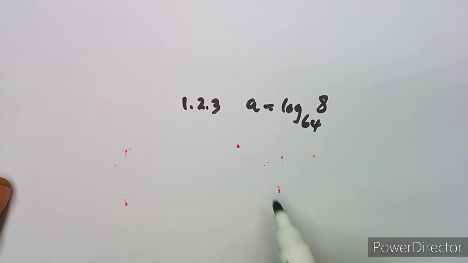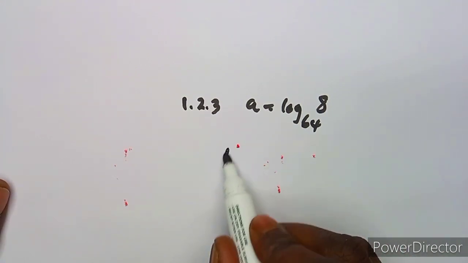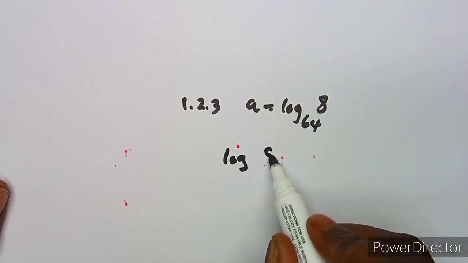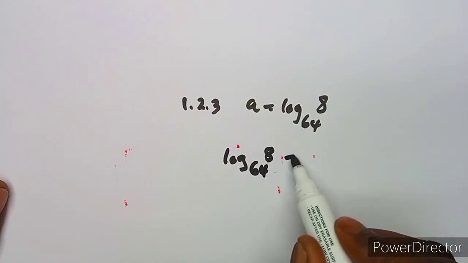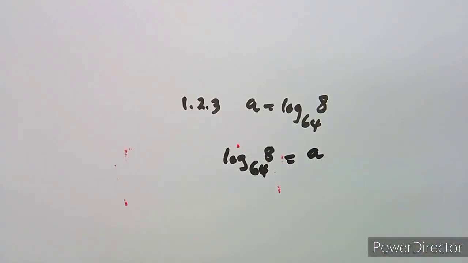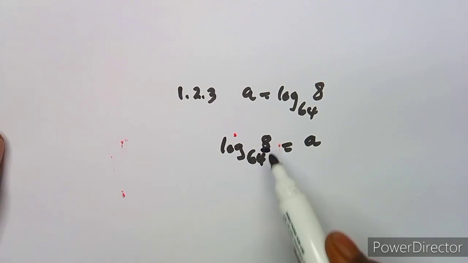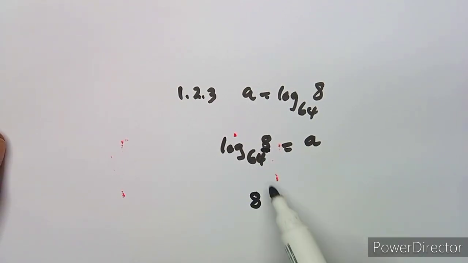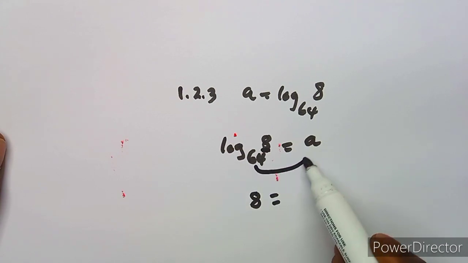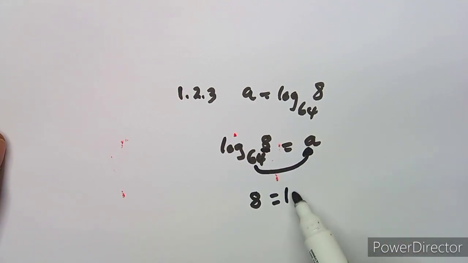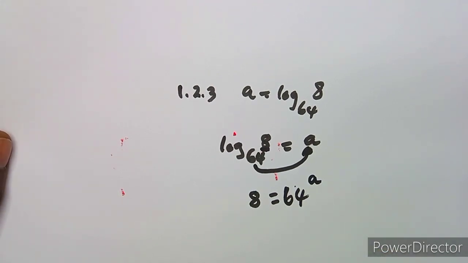Maybe for some of us it's easier to write it this way: log 8 base 64 is equal to A. Maybe that's where some of you can easily see that we can convert this to exponential form. Remember I told you that this 8 is going to be equal to the base to the exponent of A. So it's 64 to the exponent of A. So what have I done?